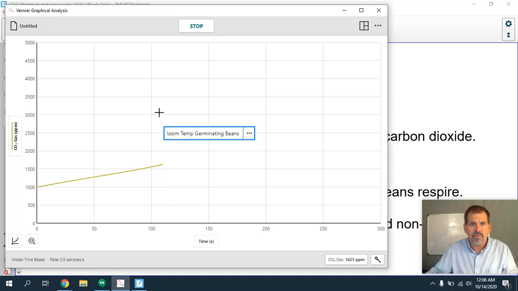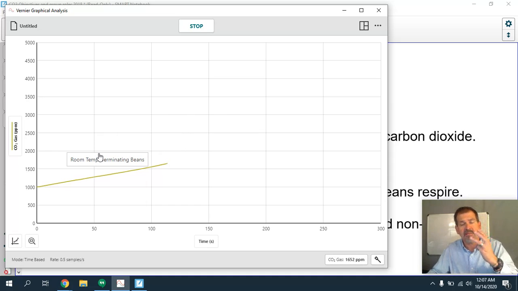We're really doing 2 experiments here. We're going to run 3 tests, but we're doing 2 experiments. We are going to compare the rate of cellular respiration in germinating beans to the rate of cellular respiration in non-germinating beans.